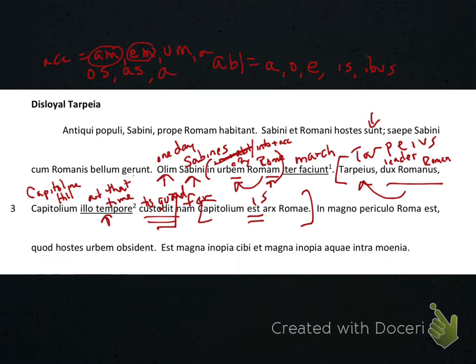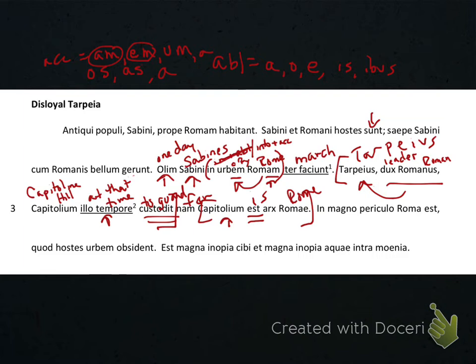So what is what in this sentence? And we're just going to use the word Capitoline Hill. Arx means something like citadel or capital. And this, of course, is the name for the city of Rome. So I can simply say that the Capitoline Hill is the arx of Rome. And you have to make sure you know what arx means in English.